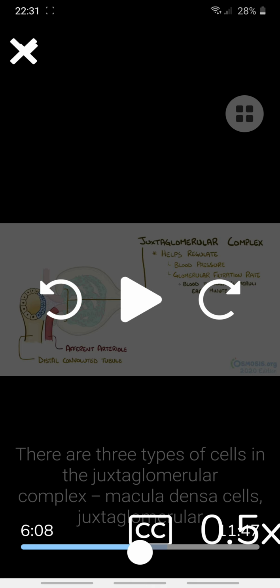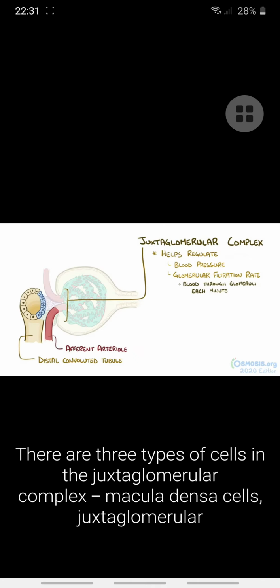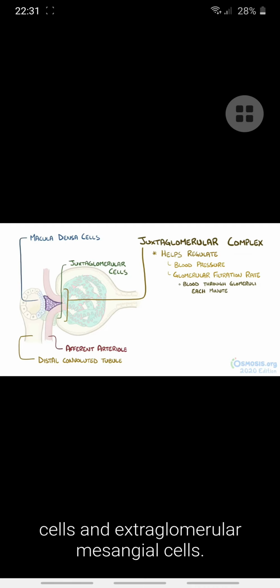There are three types of cells in the juxtaglomerular complex: macula densa cells, juxtaglomerular cells, and extraglomerular mesangial cells.